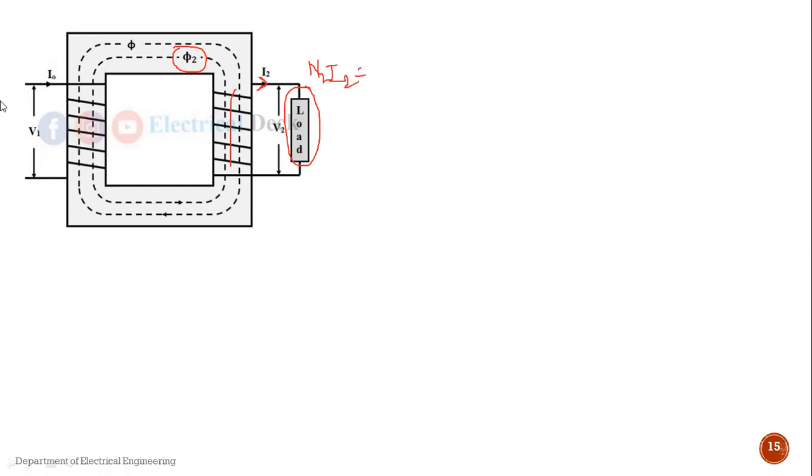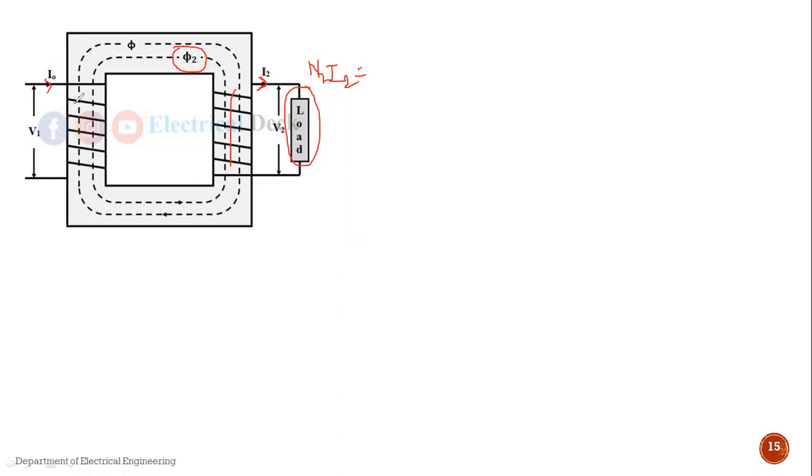All of you understand this diagram. See, this is the transformer. When the load is not connected, we have already discussed, ज्यावेळेस load connect केलेला नाहीये, that means when open circuited, there is no current flowing from the secondary side, only current flowing from the primary side, that is no load current.